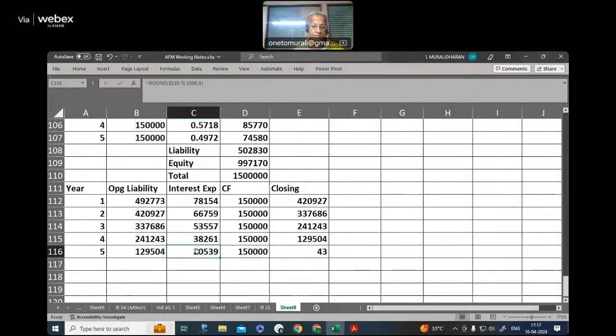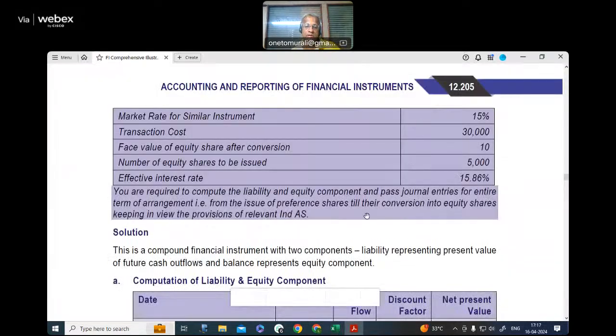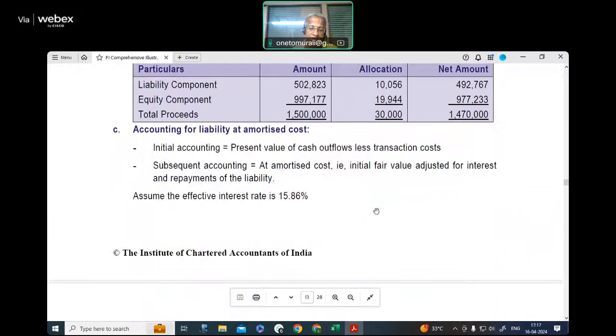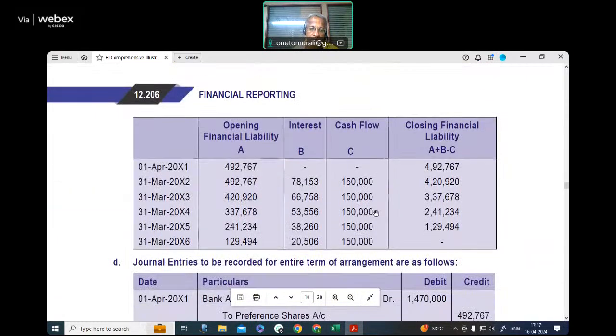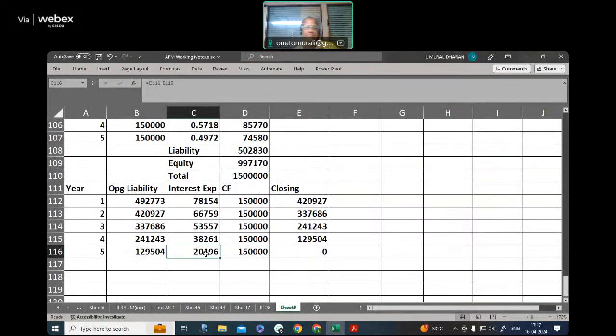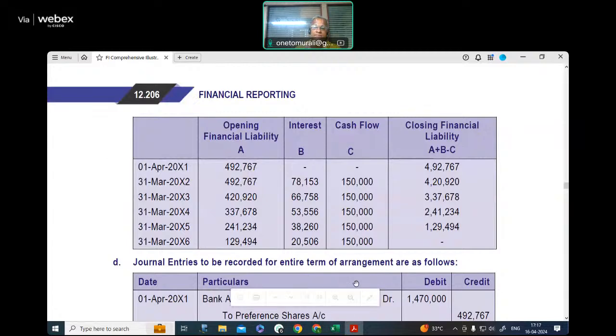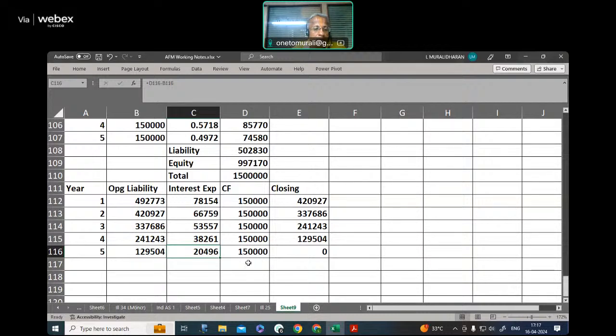So this is what they have just done. 2506. A rounding off difference will always be there. Correct? Correct.